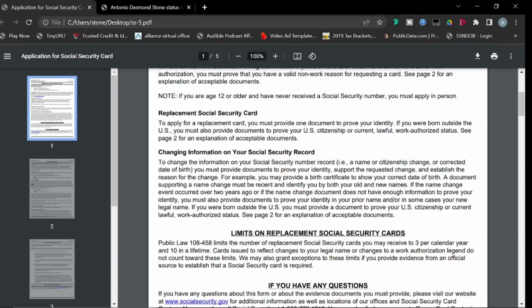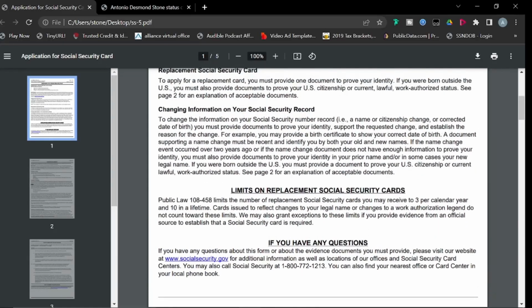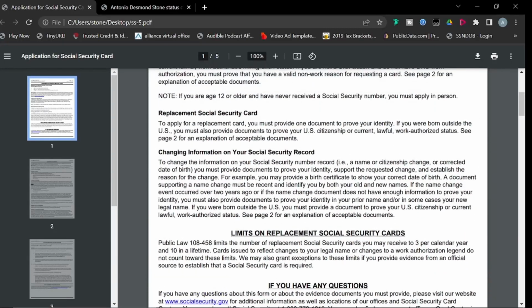So with that being said, you have the right to change your status on a Social Security number record. You can change your status. Everything else is just directions of what you need to have. You still would do the same thing if you're going to replace a Social Security card. Let's make that clear. Okay.